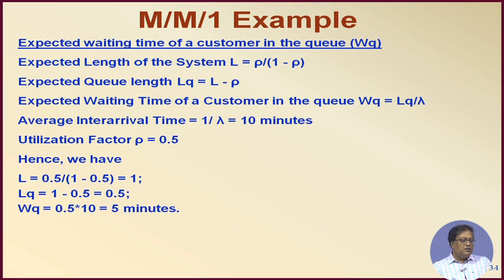So, L is rho by 1 minus rho, it comes out to be 1. So, LQ is 0.5. So, WQ will be LQ divided by lambda, but 1 by lambda is 10 minutes. So, it will come to 5 minutes, right. So, that is the example.